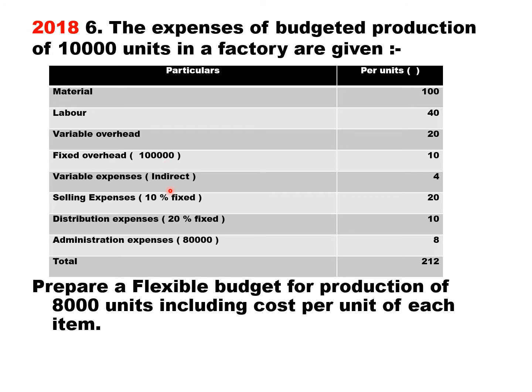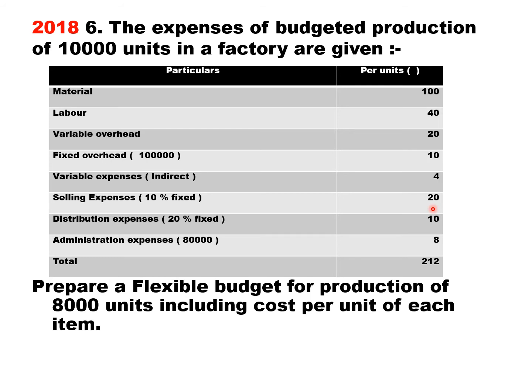Variable expenses, in bracket indirect, it's 4 rupee per unit. Selling expenses 10% fixed. If 10% is fixed, then 90% is variable. It's 20 rupee per unit. As explained before, variable cost you should look into per unit, fixed cost you should look into total.